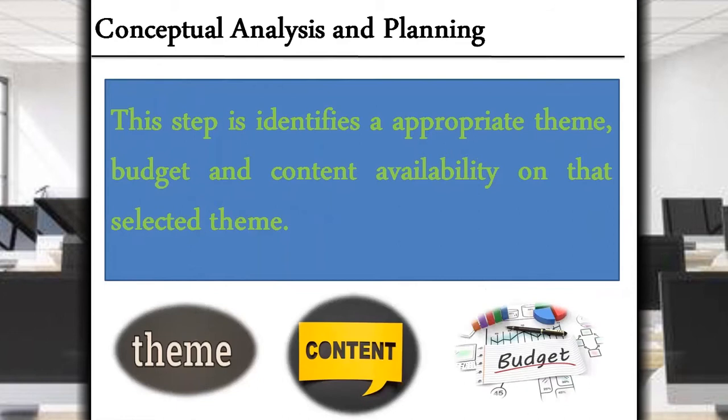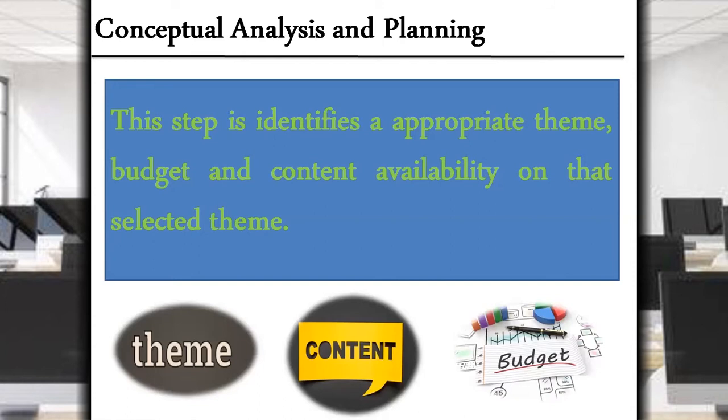Generally, what is theme? The main concept of the project we call as theme. Then content availability: the depth and concept of the project we call as content availability. Of course, budget. Since you're a commerce student, you'll be very familiar with this word, budget.